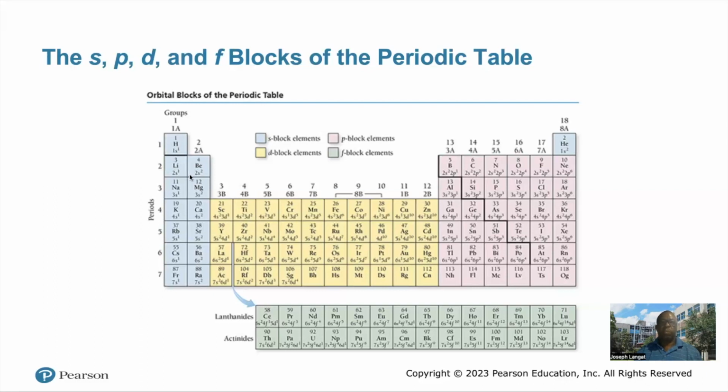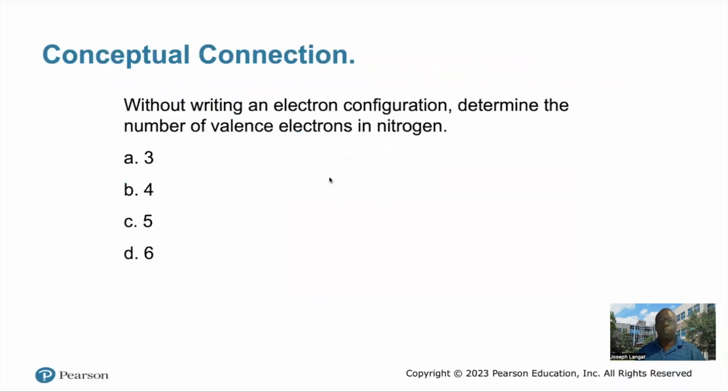These are s block elements. If the last electron in the electron configuration goes in p, we say that is a p block element. You see helium is still s, even though it's on the right. Now d block elements, these are f block elements. That means the last electrons are in the f sublevel. That's how these blocks of elements are organized.